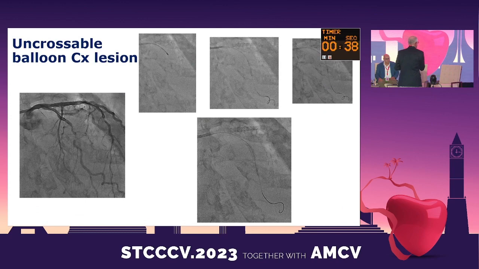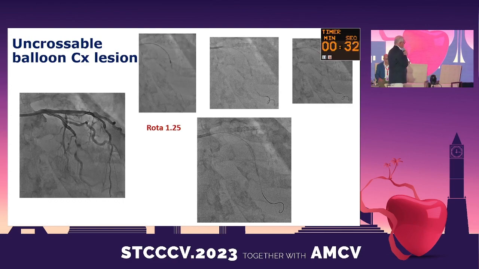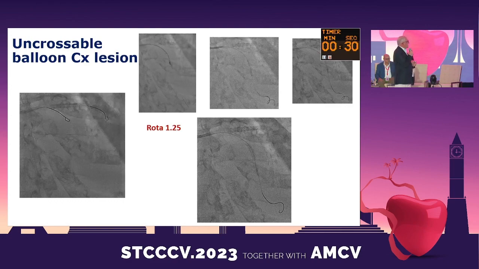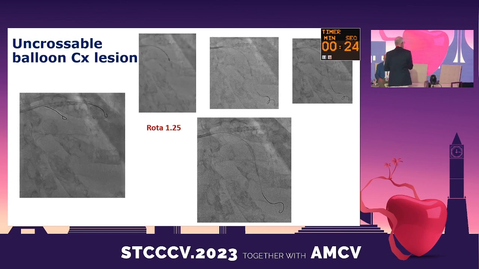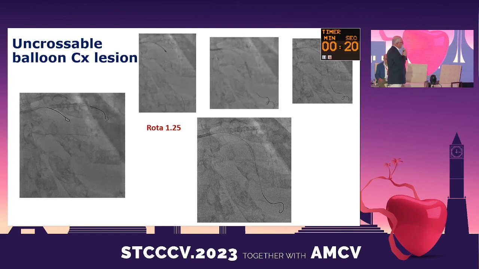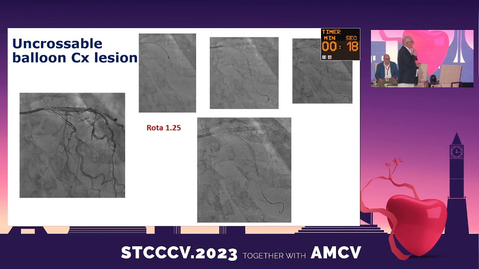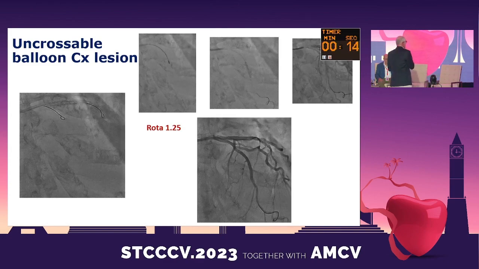So a few examples. You see a very tight stenosis on this circumflex, possible to cross with a very small balloon. So I decide, even if there is some tortuosity, to start with the Rota Pro with a small burr, and I advance very, very gently, and after that, I can implant the stent very safely with a good result.